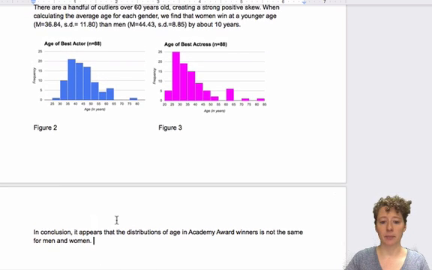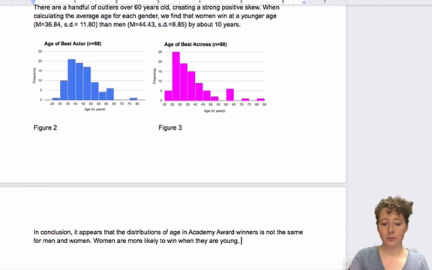So let's describe just in our own words what that looks like. Women are more likely to win when they are young. We can see up here. While men have a wider range of winners in middle age.